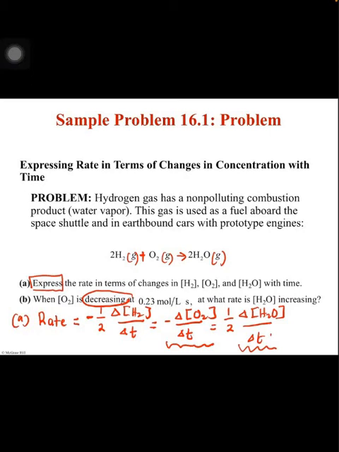So kita keluarkan rate yang kita compare ni: rate is equals to negative delta O2 over delta T equals to 1/2 delta H2O over delta T. Ini, dua ni, dia punya relationship mentioned in B, right?